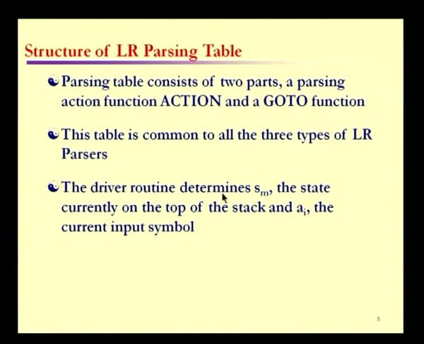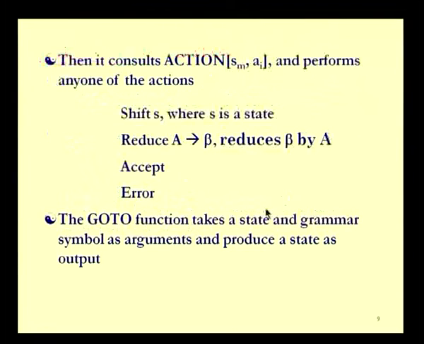It determines the current state on top of the stack, called Sm, and the current input symbol, ai, which is there in the buffer, and after that it will carry out the action. So what are the possible actions?